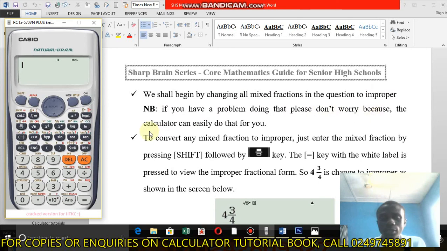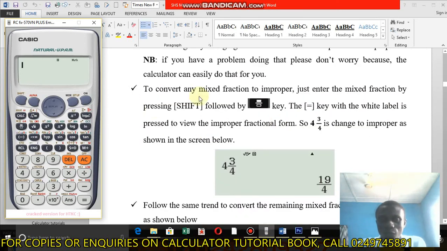If you have a problem doing that, please don't worry because the calculator can easily do that for you. To convert any mixed fraction to improper, just enter the mixed fraction by pressing Shift, followed by the fraction key. The equal to key is pressed to view the improper fraction form.